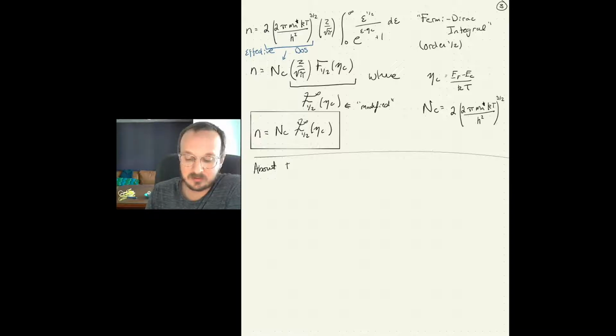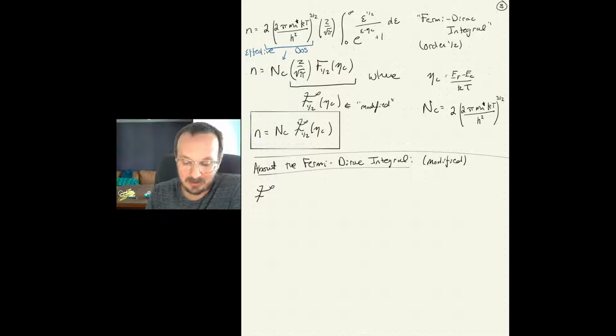So this is about the Fermi-Dirac integral, okay? The general definition of the Fermi-Dirac integral is written like this. This is a modified Fermi-Dirac. I'll just write modified. Usually they don't distinguish between the two, so they just say Fermi-Dirac and they mean modified.